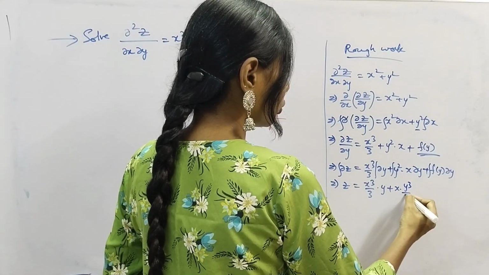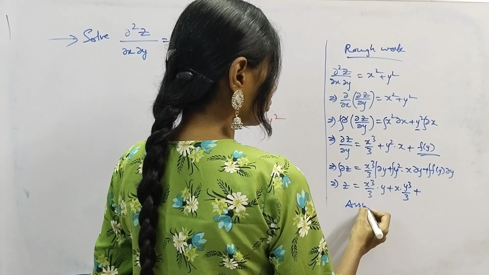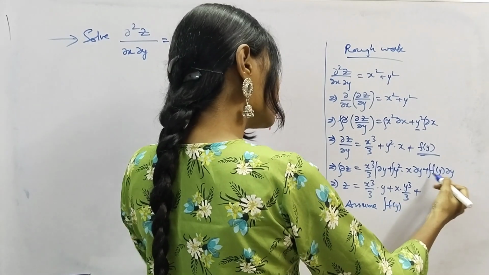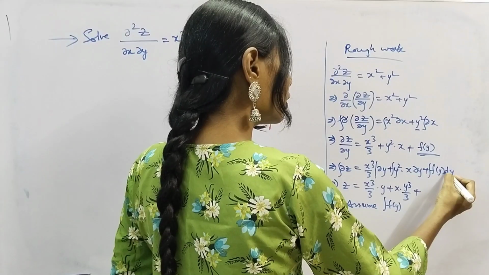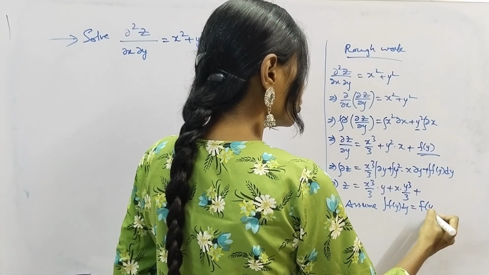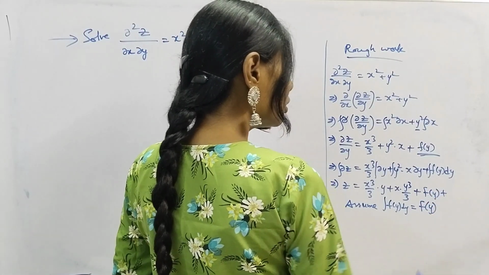You'll get y³/3 plus the integral of f(y). Here you have everything in terms of y, so instead of writing ∂y you can write dy. You can assume it as F(y), plus some integral constant.